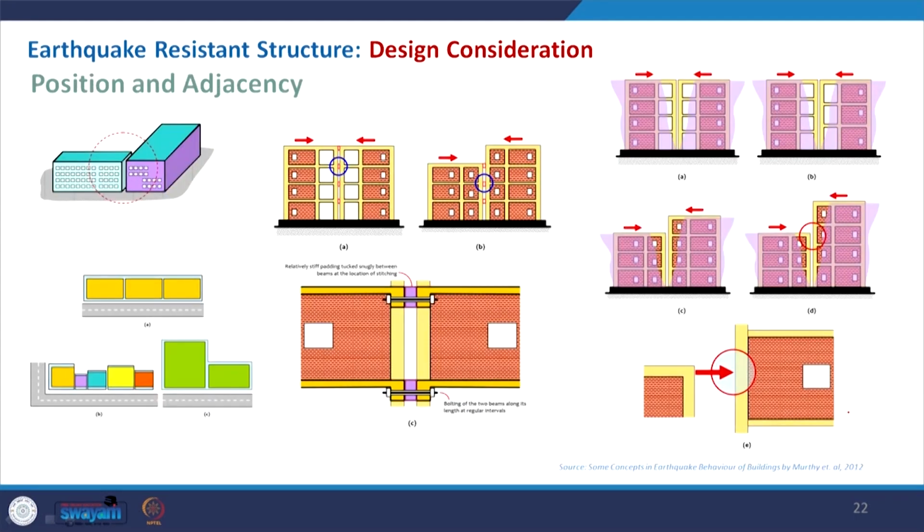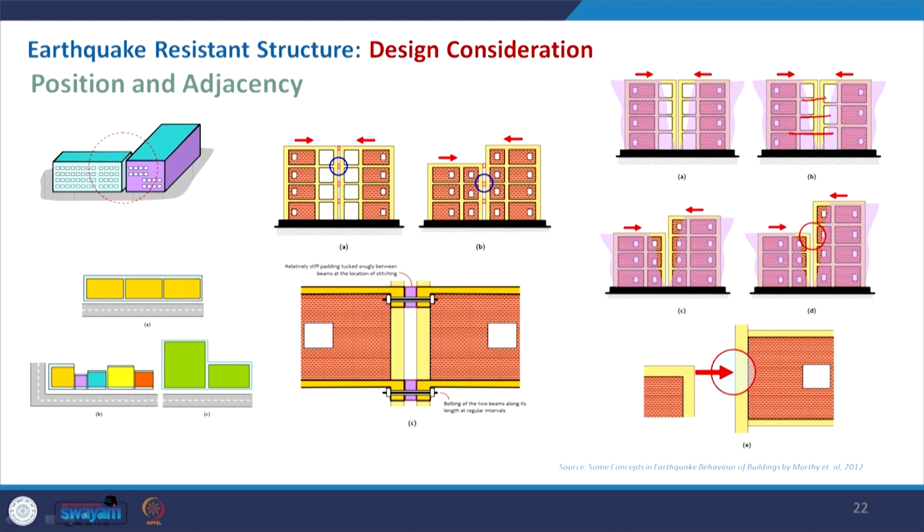Coming to the position and adjacency, this is what is happening wherever two buildings are close, and here is the depiction I have picked up. I have given the source, you can get some more information if you go by this link. In this case two buildings are looking identical and there will be some motion, but if you see their floors, their slabs, they are not meeting each other.